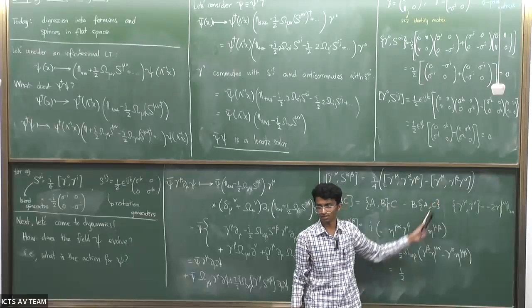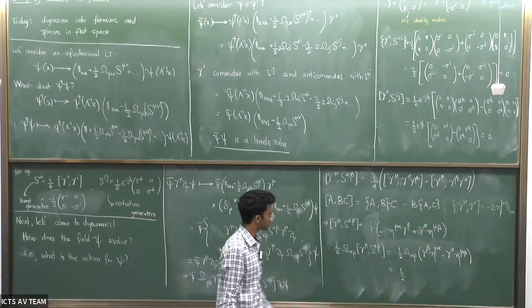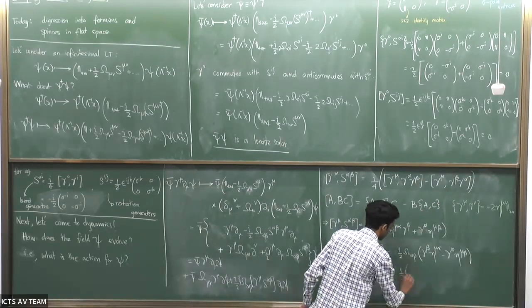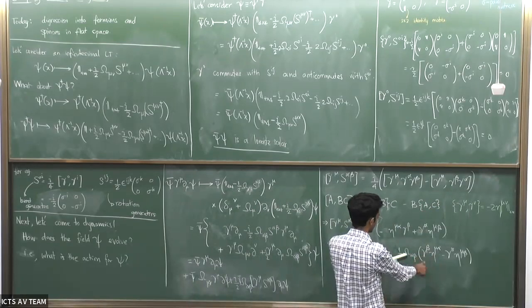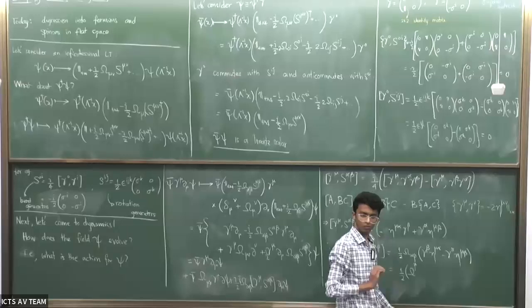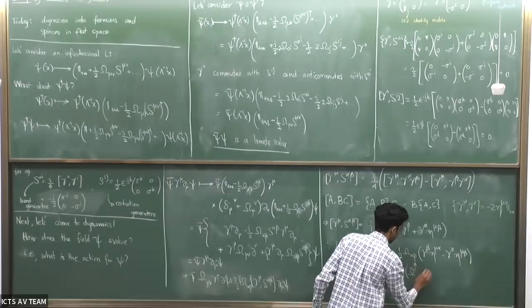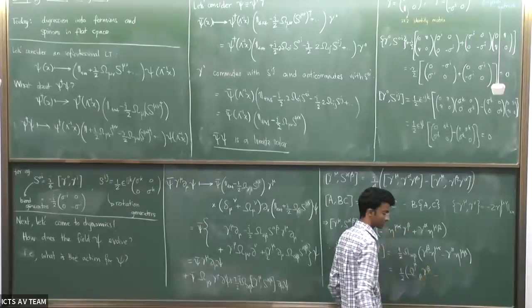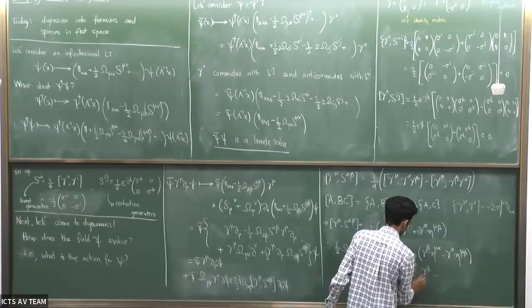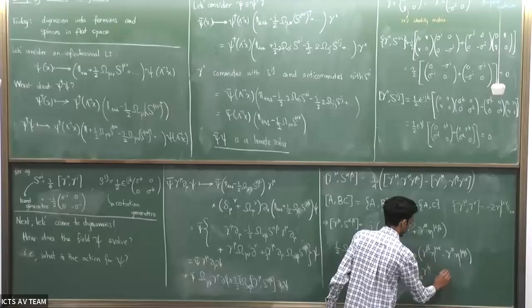These add, get a 4. So what is this? So this will be, can you do this? Omega mu beta, gamma beta minus alpha omega.